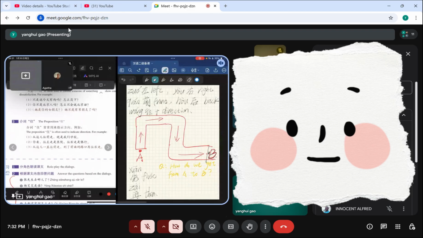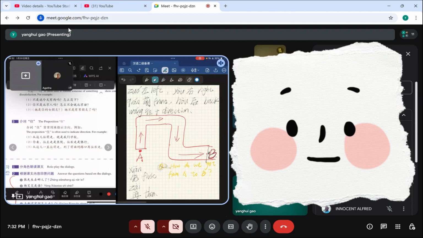I give you a direction: left, right, 左右, and front, back, 前后, and the 往 as a direction, okay? When we give directions, you say first you need to go where, and then you need to go where, right? So the first is 先, and then is 再, okay?